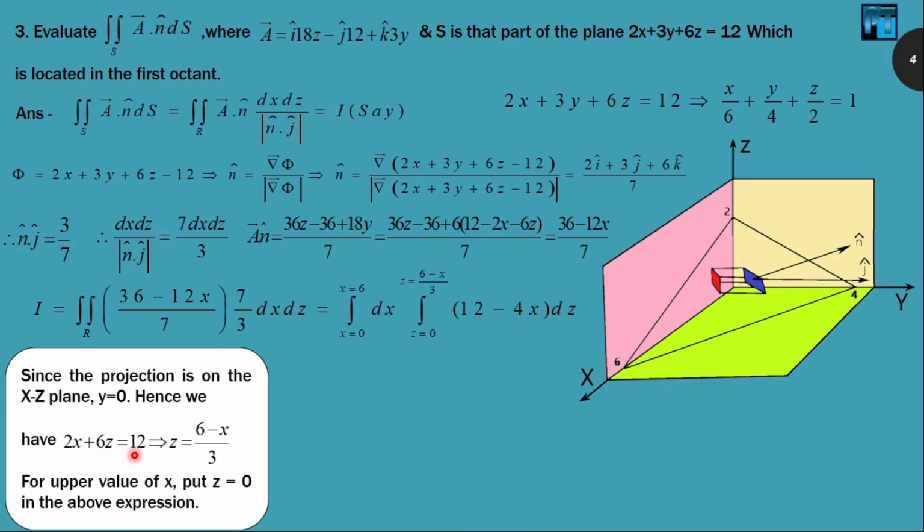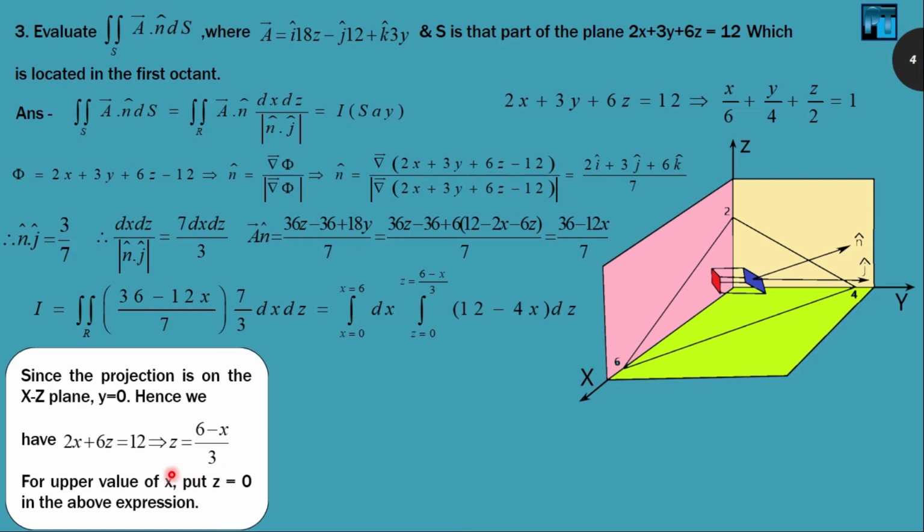From there I have replaced the z by x. Yes, you can replace the x by z also, but in that case the limits will be changed. Now the limit of z is 0 to 6 minus x by 3.